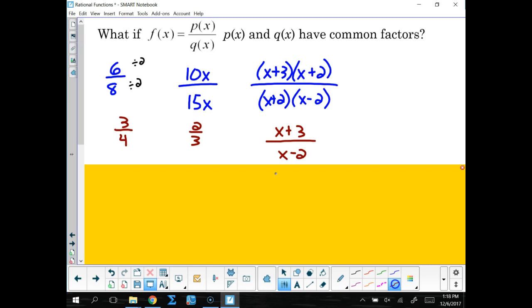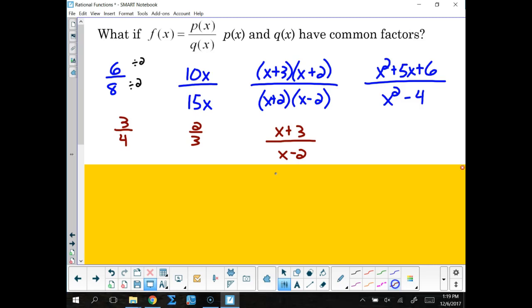What if my function looked like x squared plus 5x plus 6 over x squared minus 4? Get back to the bottom to be what? X plus 2 and x minus 2.